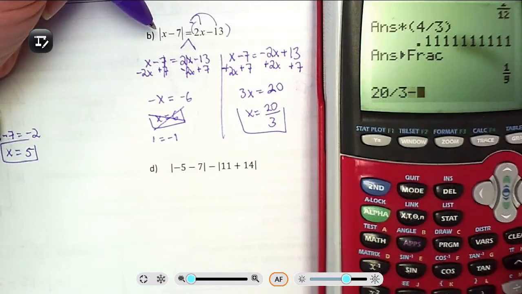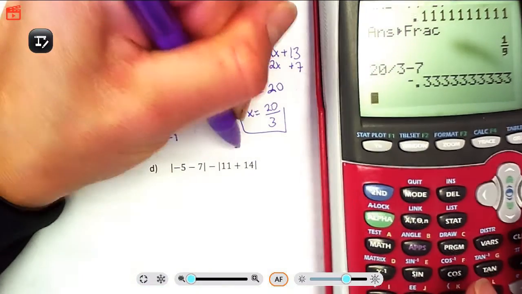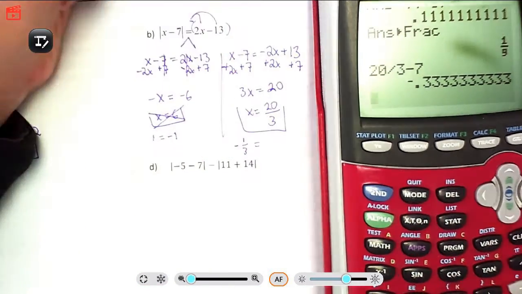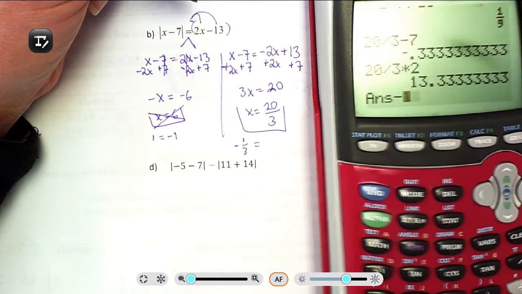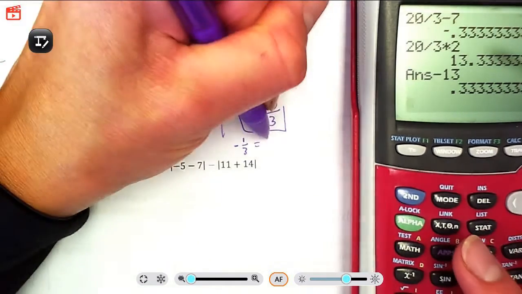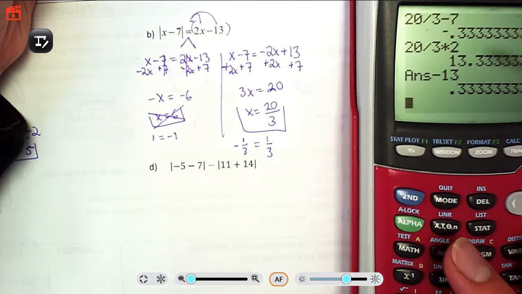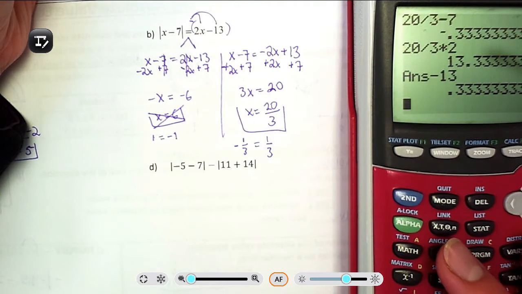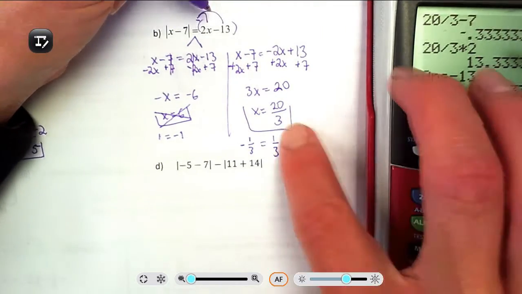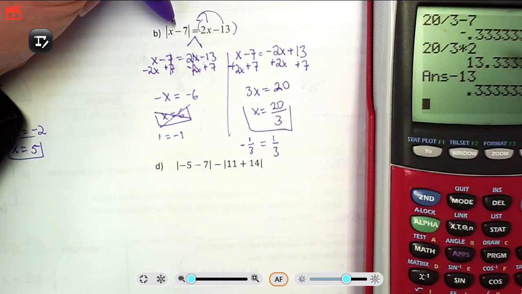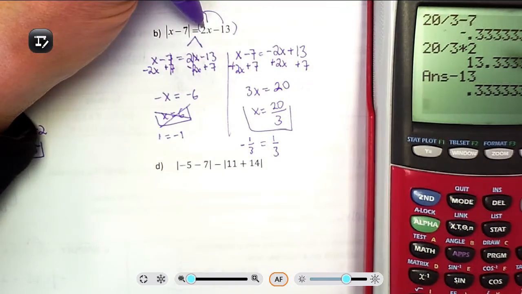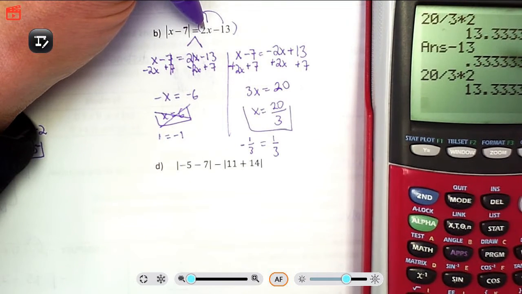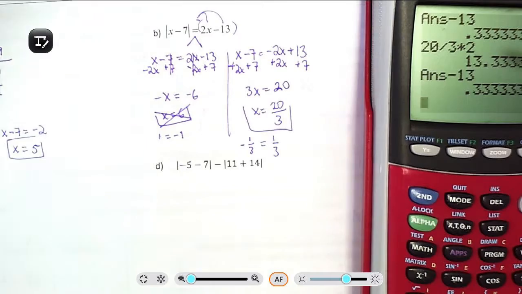20 thirds minus 7 is negative 1/3, and 20 thirds times 2 minus 13 is also negative 1/3. Let me try that one more time. 20 thirds minus 7 is negative 1/3. 20 thirds times 2 minus 13.